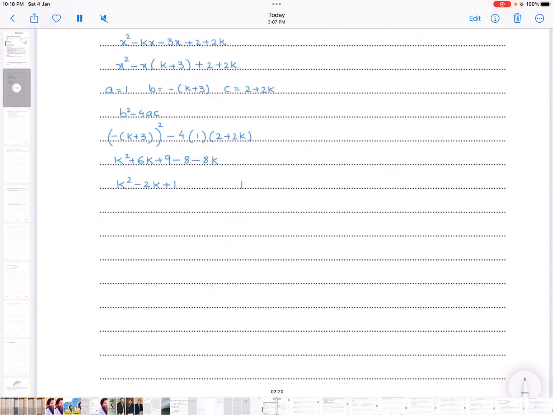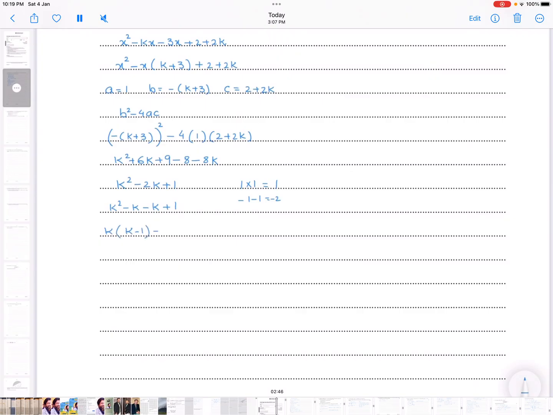Now it's a pure quadratic form. So 1 times 1 is 1. Make factors of 1. We don't have other factors of 1, only 1 into 1. So I can use this in the middle, it's middle term breaking.